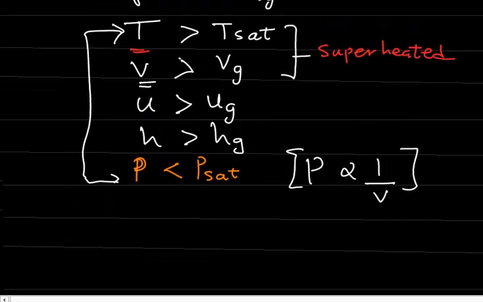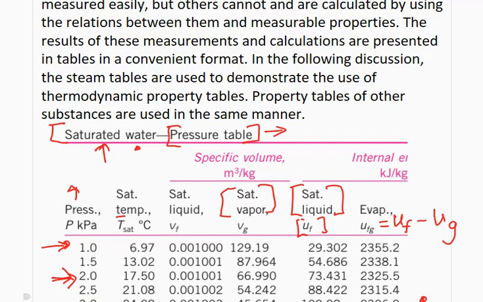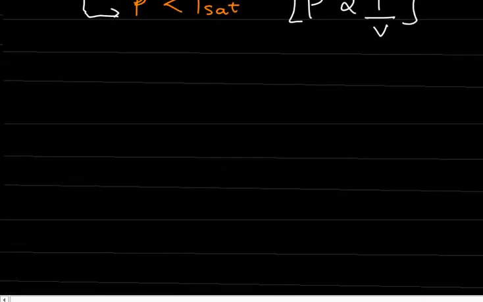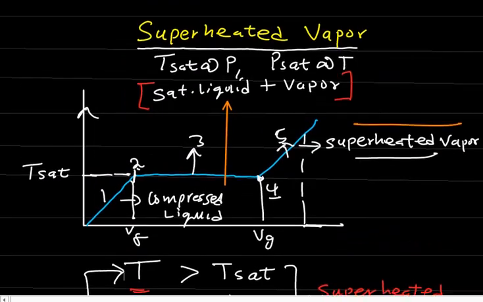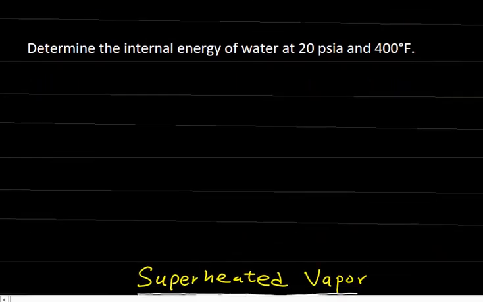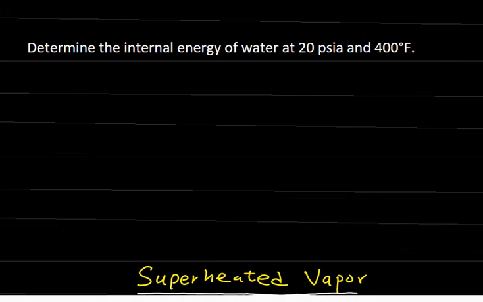I think there is a question that we have to solve. Let's look at an example. The question goes this way: determine the internal energy of water at 20 psia. This is an English unit.